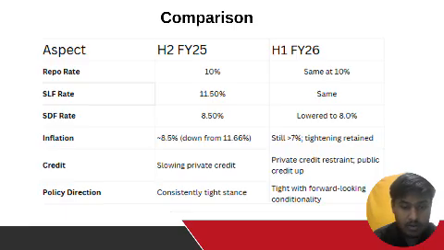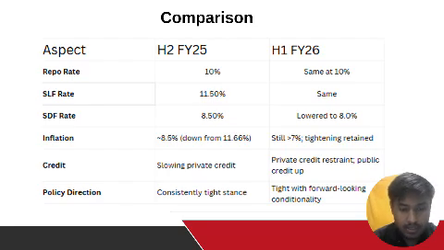The inflation in the previous year was 8.5%, down from 11.66% before that. This year we are targeting that the inflation rate will come below 7% by maintaining more tightening inflation control.